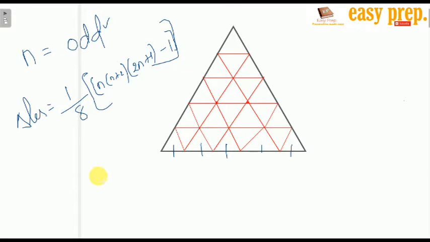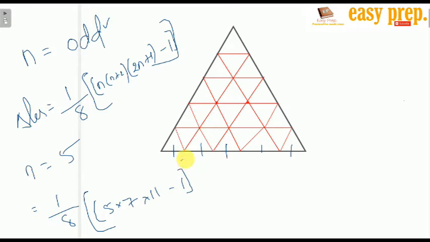So let us find out number of triangles in this figure where n equal to 5. Okay, now let us find out, friends. So 1 by 8 into 5 into n plus 2 is 7, and 2n plus 1, that is 2 into 5, 10, plus 1, 11 and minus 1.